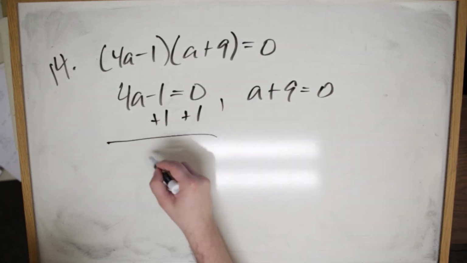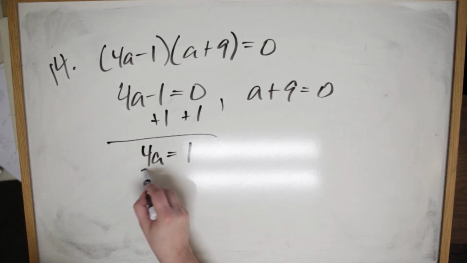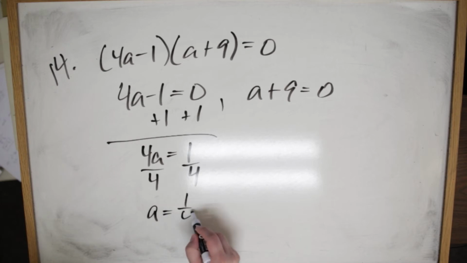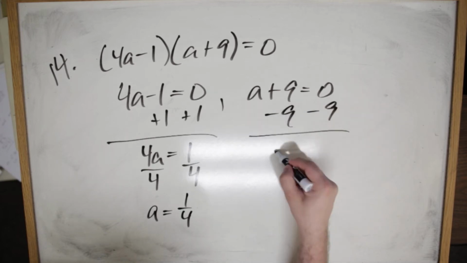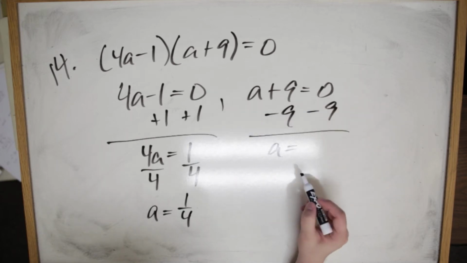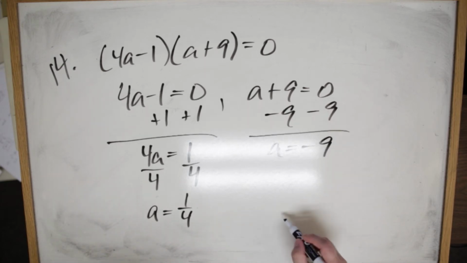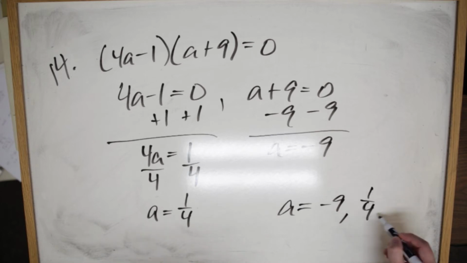Again, do both separately. 4a is equal to positive 1. And now I can divide by 4 on both sides, and I find that a is equal to 1/4. Over on this side, I will subtract 9, and I'll find that a is equal to minus 9. So my solution is going to be a equals minus 9 comma 1/4. So there we go. That's our final answer.